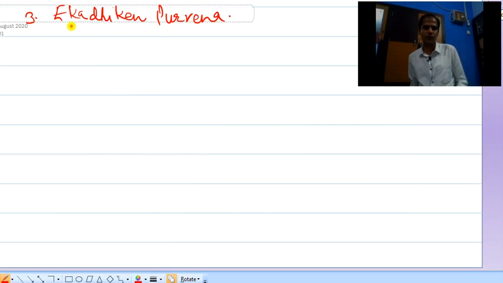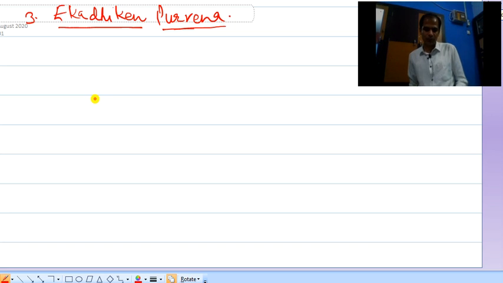The meaning of ekadhiken is the same as we studied in the first point, and purvena means of the previous, the earlier one. So whichever digit you find the ekadhiken purvena of, you have to consider the digit before it, which is to its left. So ekadhiken purvena is a combined operation in which ekadhiken and purvena can be done simultaneously. This definition is given in the book.